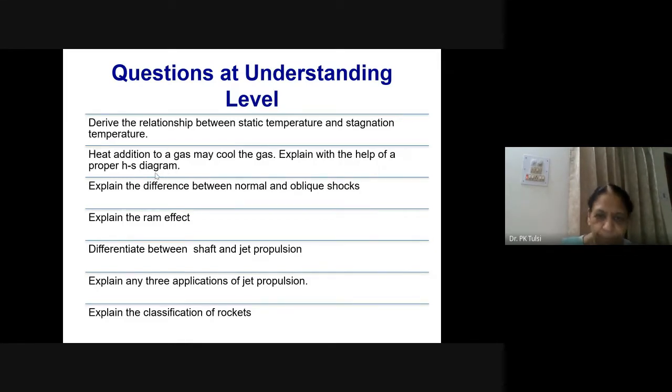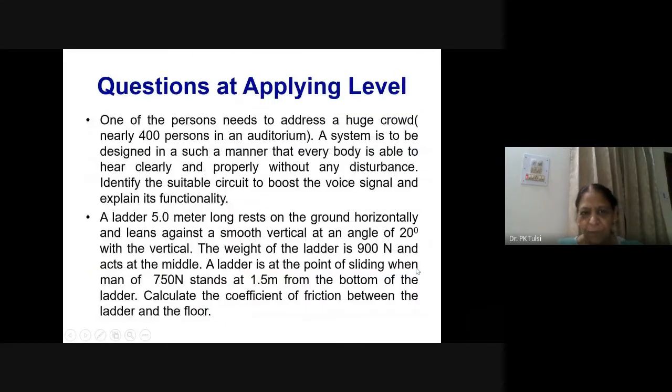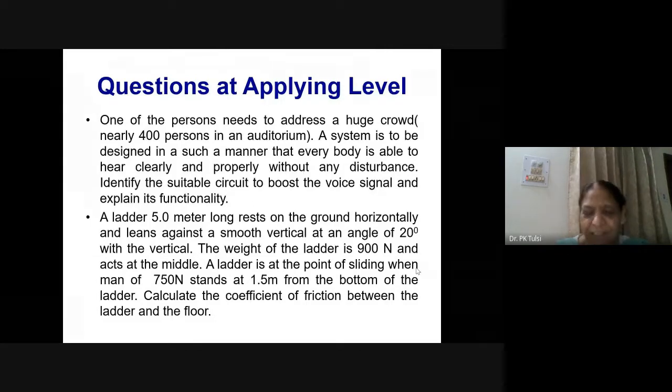When it comes to applying, now the applying level, we all know that you are going to include numerical situations, but those situations have not been dealt with in the classroom. These situations are all new situations.